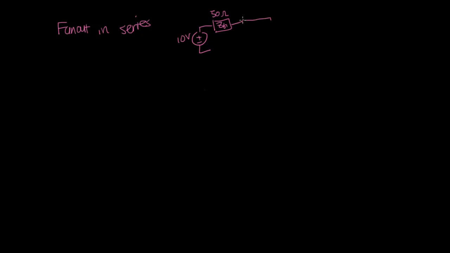And then you send that through one transmission line, Z naught, we'll call that 50 ohms. And then here you have your transmission line 2, which is also 50 ohms.